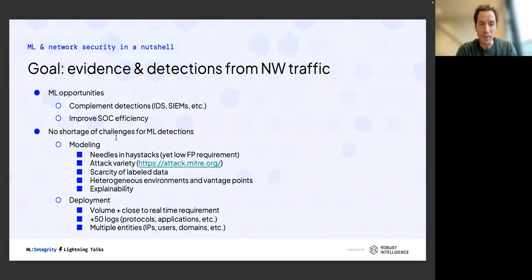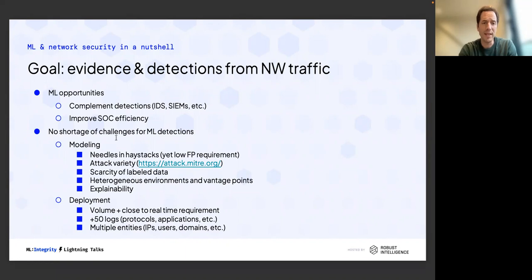It's also important to think of SOC efficiency. Those are security operation centers, where analysts go through the alerts, triage them, and respond to them. So anything we can do to help defenders do more in less time is going to be a big win.